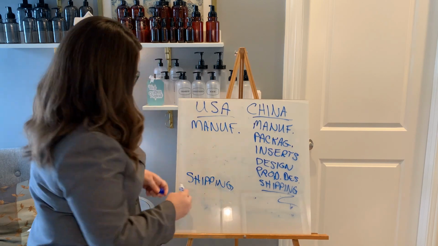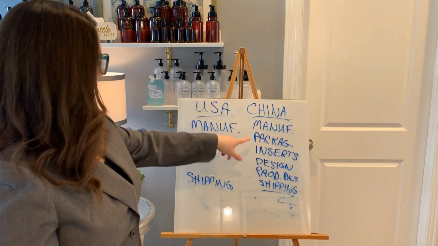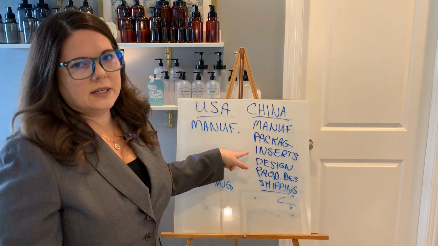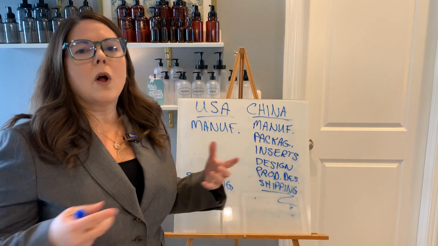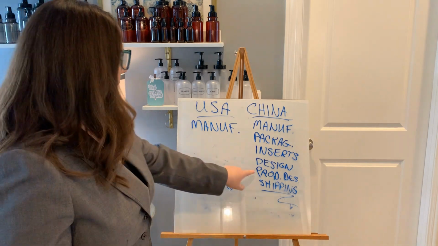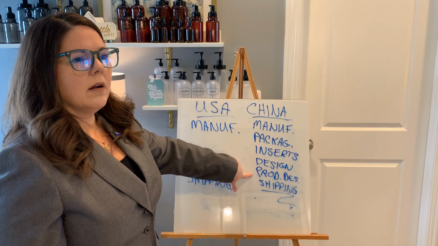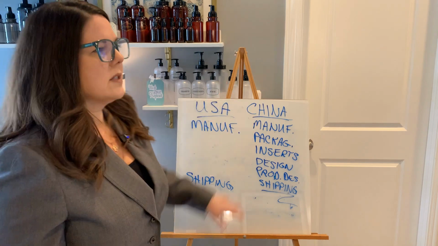Now, if I choose that location to be me, then I still have to send it somewhere to get inserts, to get it packaged, to help me design my custom packaging, to help me make sure that all of my pieces and parts fit together. I would be responsible for this myself. There aren't really any U.S. manufacturers like that for small businesses, keep this in mind. I'm talking about small businesses.